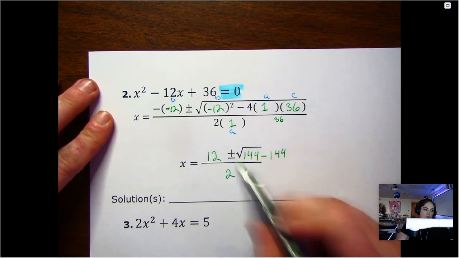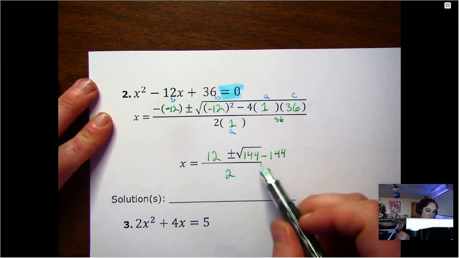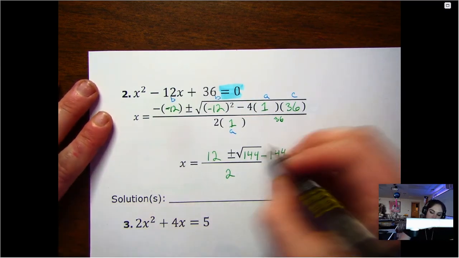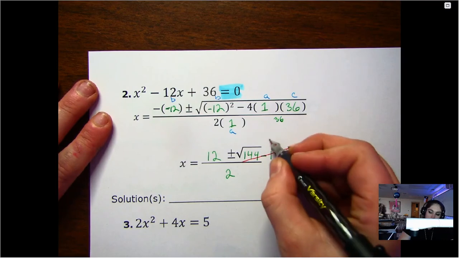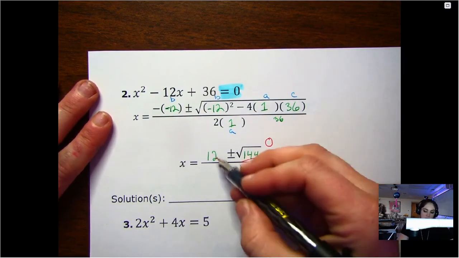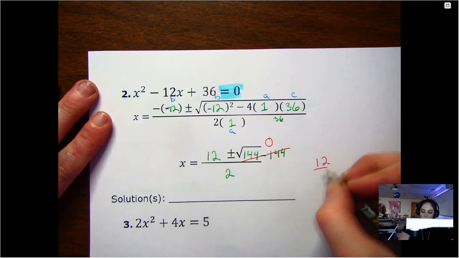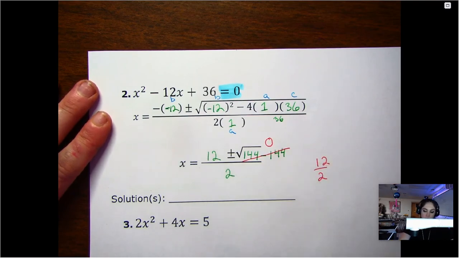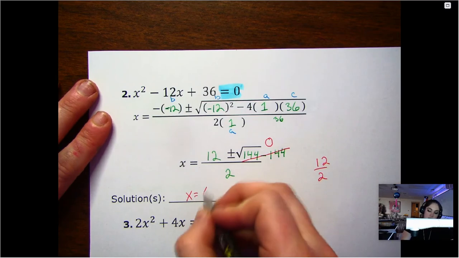So right here, 144 minus 144, those will cancel each other out and become 0. And the square root of 0 is 0. So that leaves me with 12 over 2. So my answer is x equals 6.